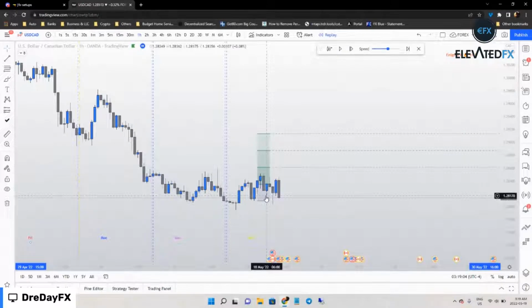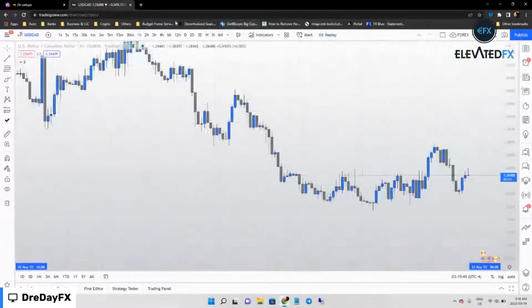The price here was 1.28170, and 1.2808. That's basically 9 pips difference. So 9 pips, depending exactly on your lot size and your risk, is a big difference to secure more pips and more equity in your account. Okay, so let's close it out.